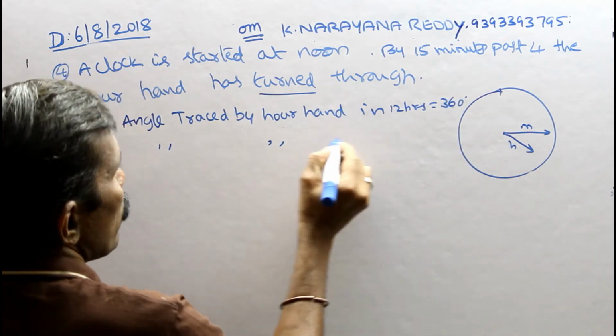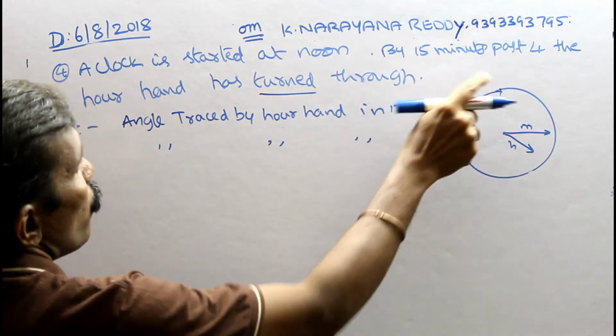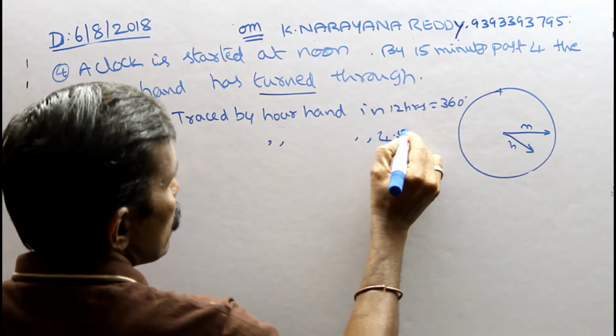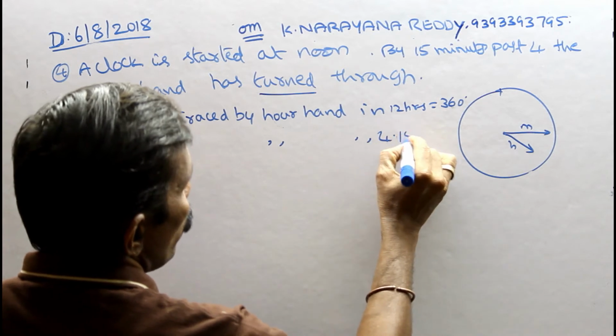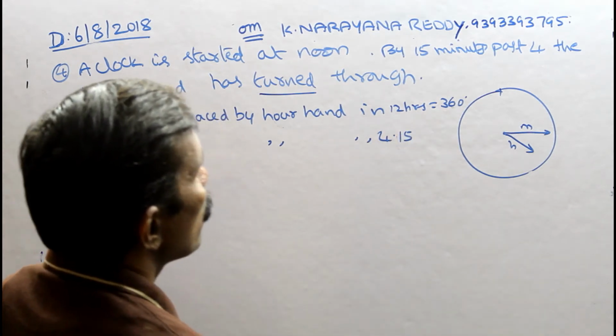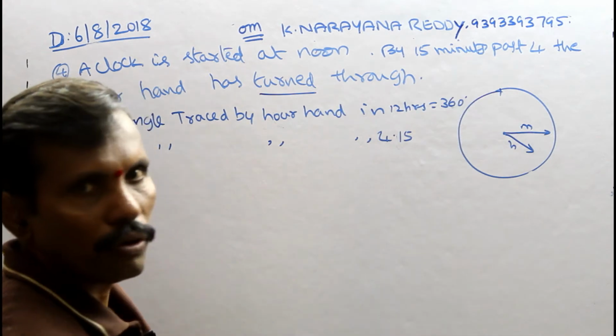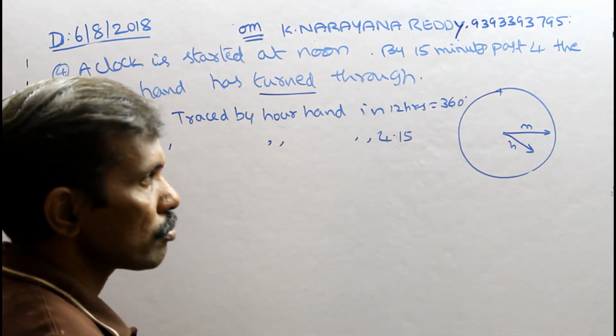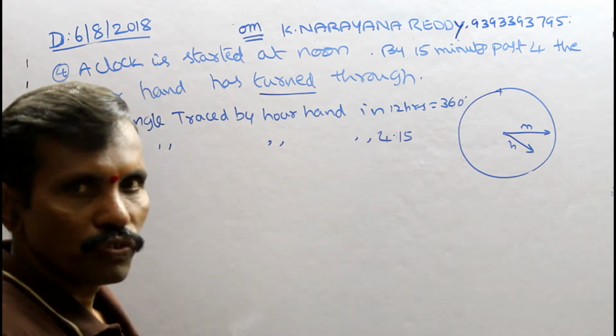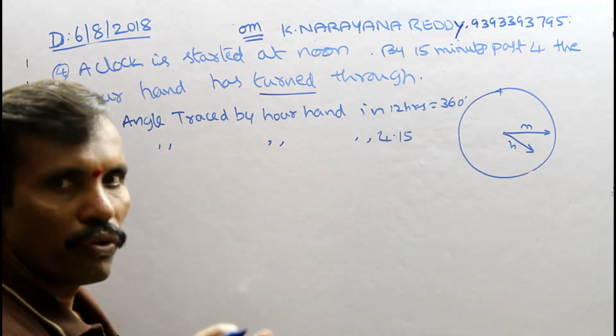The angle traced by the hour hand at 4:15. 15 minutes past 4 means 4:15.